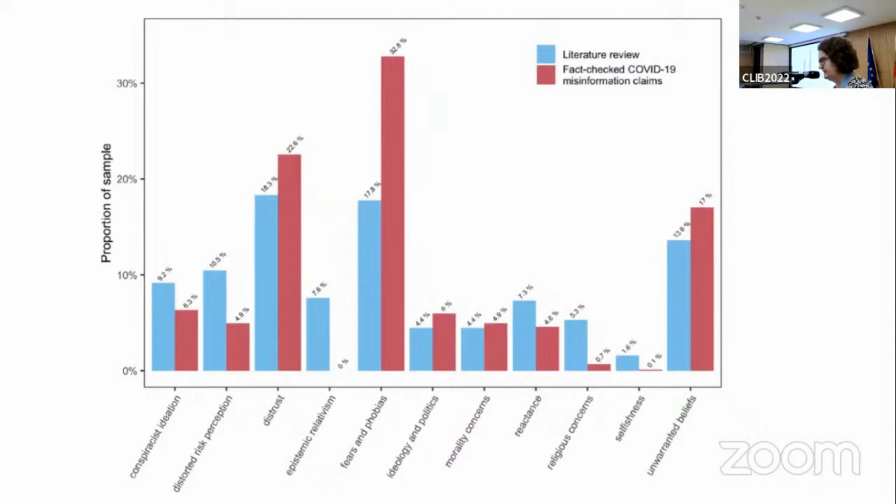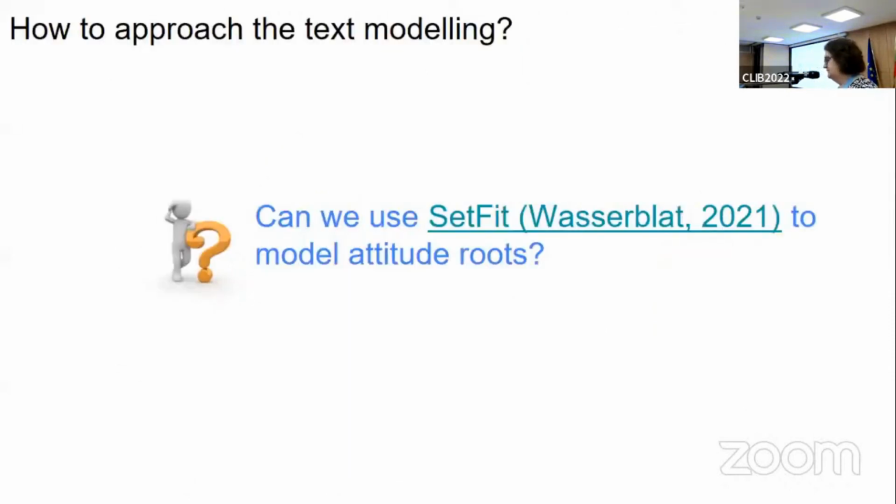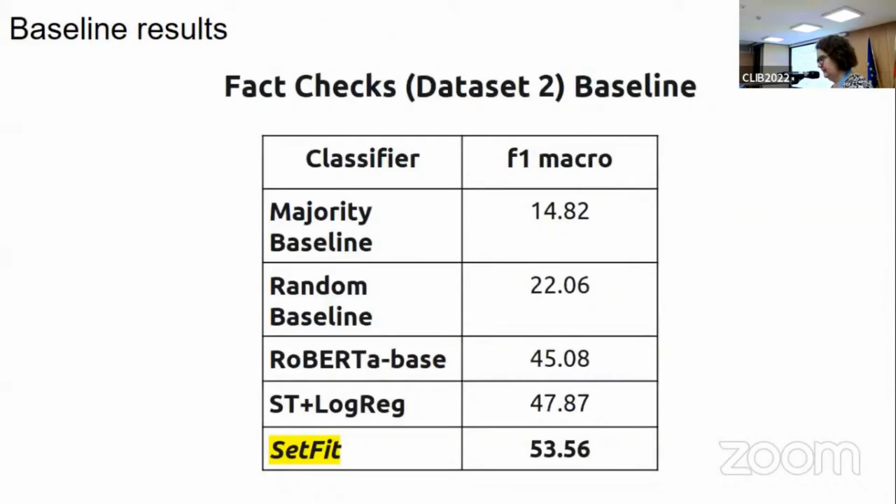So especially for distrust, fears and phobias, and unwarranted beliefs, the label distribution is comparable and they dominate the number of instances in both data sets. So for the NLP, the interesting question is, can we use our SetFit approach that I've described in the first part of my talk in order to model attitude roots?